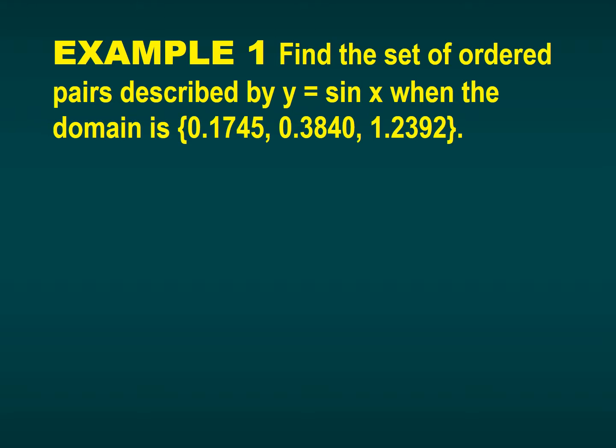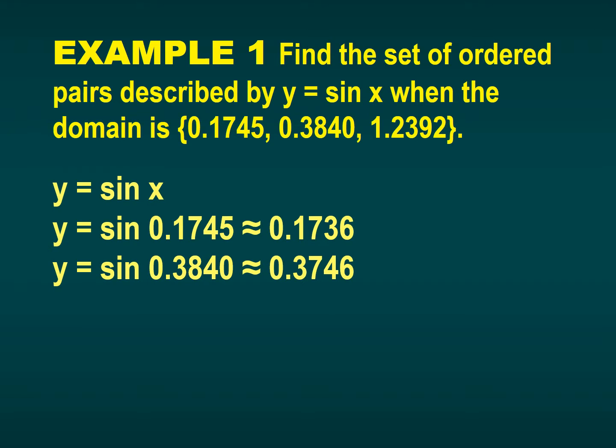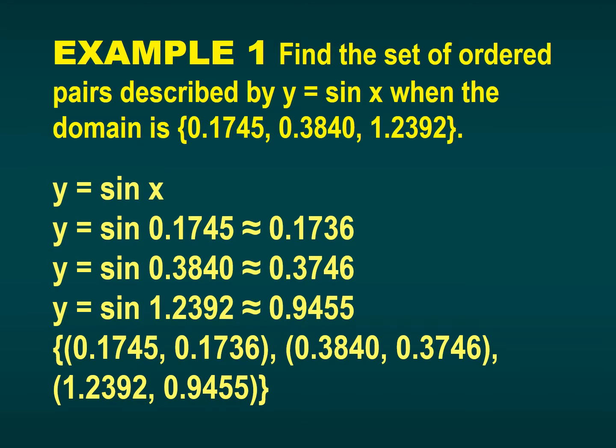If we evaluated that in our calculator, we would get approximately 0.1736. If we were to plug in our next x value in our domain, we would get 0.3746. And then our last x value that they give us in our domain gives us that. So our set of ordered pairs is this set right here.